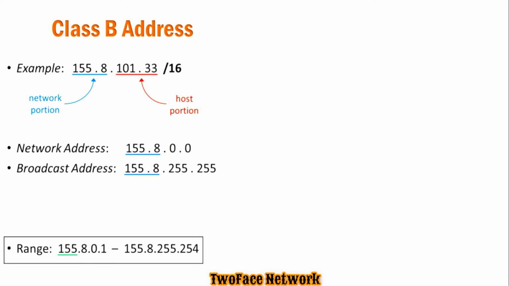Now, to get the network address in this example, we copy the network portion, and in the host portion, we put all zeros. And that's how we got 155.8.0.0. The broadcast address is just the opposite: we copy the network portion, and in the host portion, we put ones.